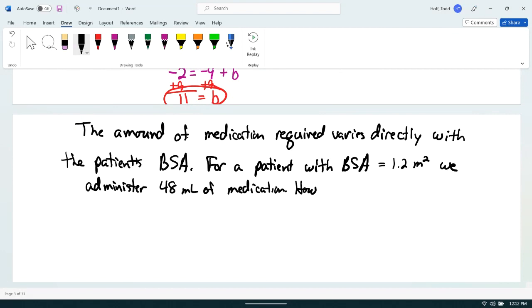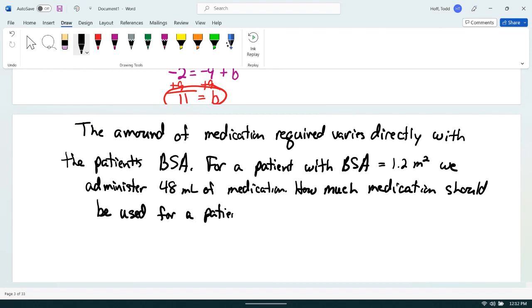How much medication should be used for a patient with a BSA of 0.9 square meters?